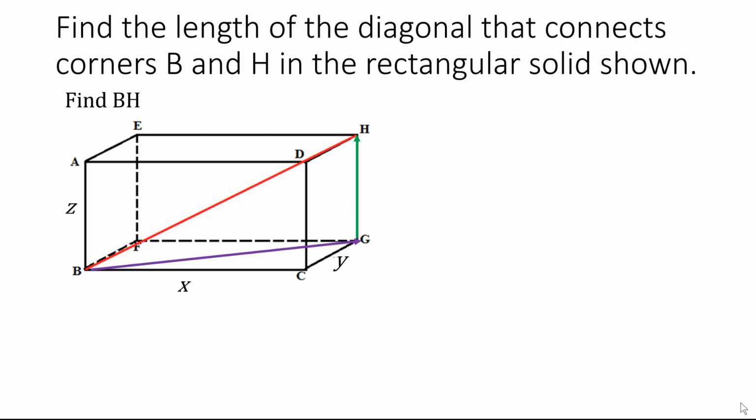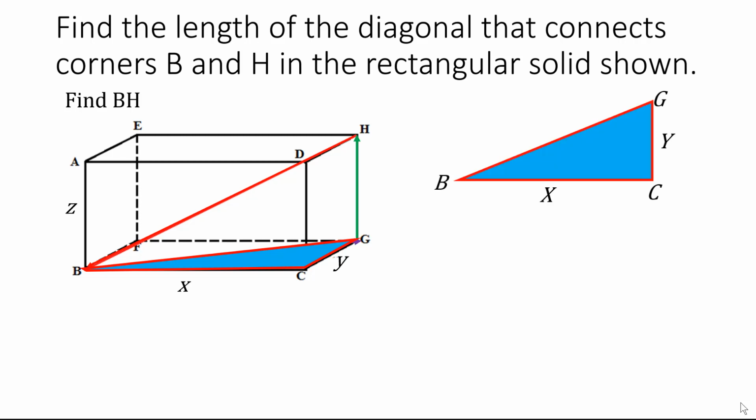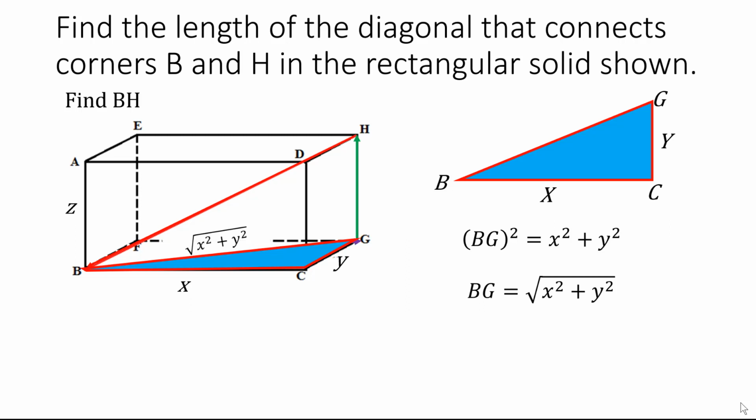So we can find the length of that hypotenuse of this triangle. We'll just pick the triangle up and put it up here, and we'll use the Pythagorean theorem. So BG squared equals X squared plus Y squared. That's the Pythagorean theorem. So that means that BG, the length of that hypotenuse, is the square root of X squared plus Y squared. So we can put that over there on that flat triangle so we can see it.